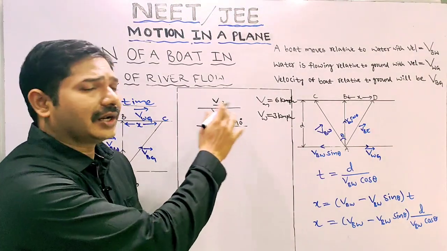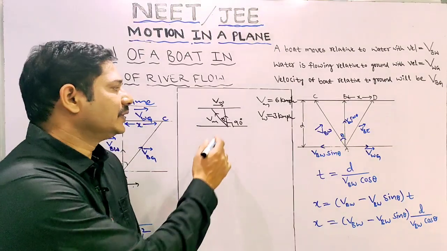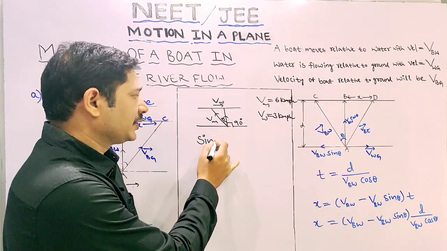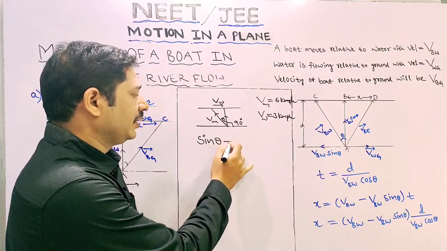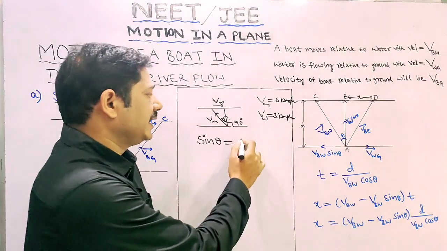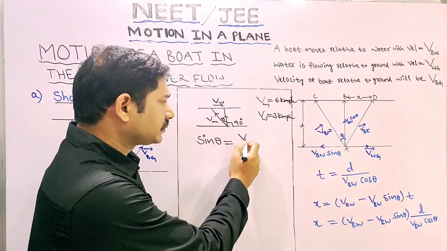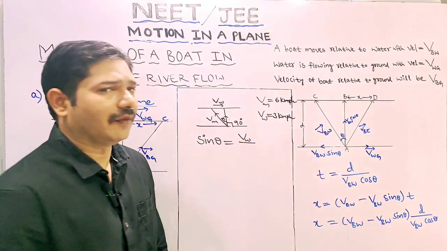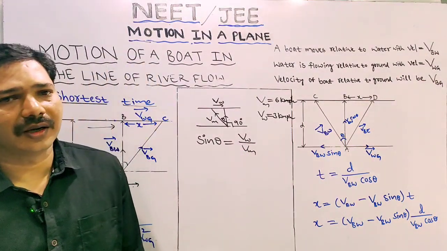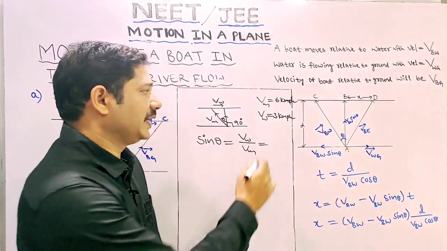From the figure, we have the opposite side and the hypotenuse. So substitute here; which function is suitable? The sine function is suitable. Sine theta equals, why? Because we have the opposite side and the hypotenuse. The opposite side is VW, the water velocity, and the hypotenuse is the man's velocity.